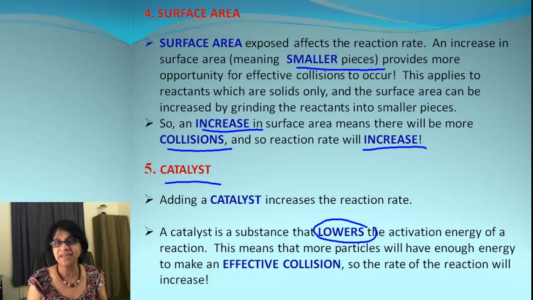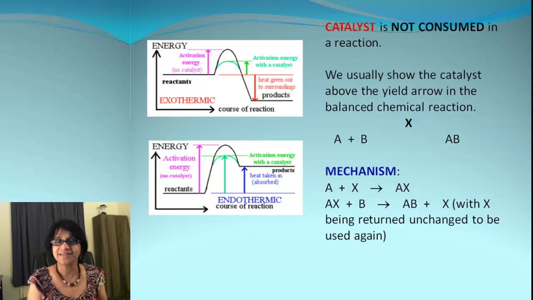So you may not need as much energy as you needed without a catalyst if we have a tiny bit of catalyst. There is also one more theory. It may come up with a different pathway altogether. Okay? What is a catalyst? A catalyst is something which is not at all consumed in a reaction. In fact, we can obtain the catalyst back at the end.